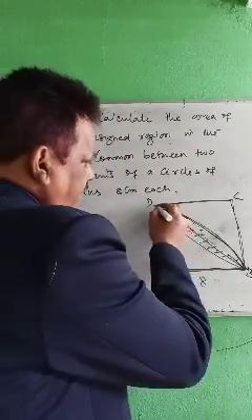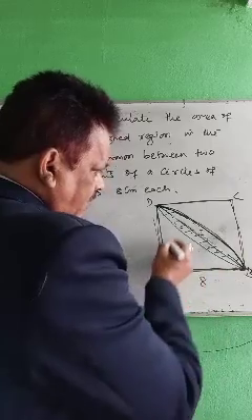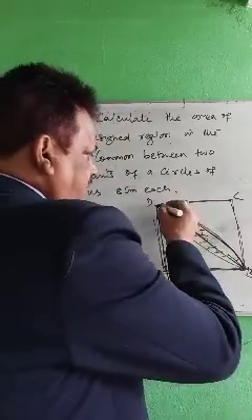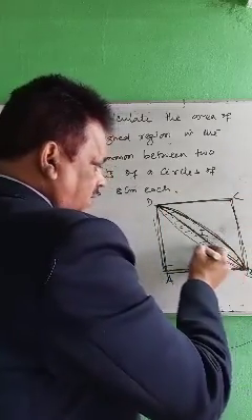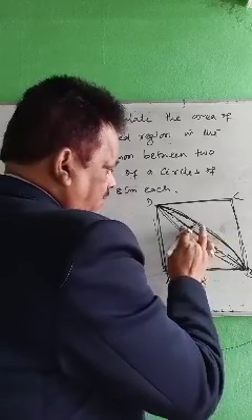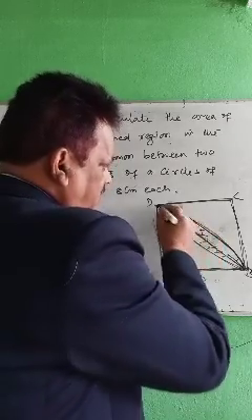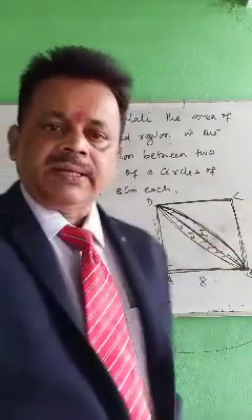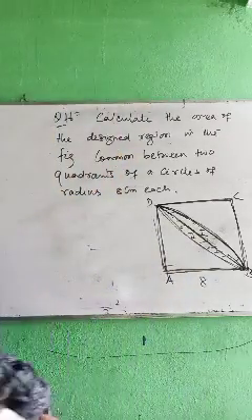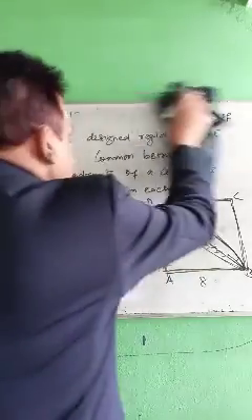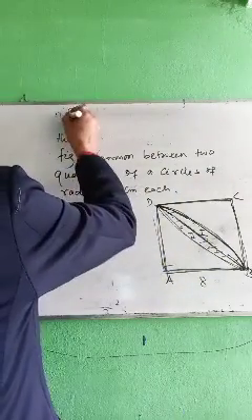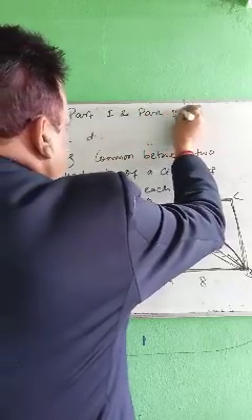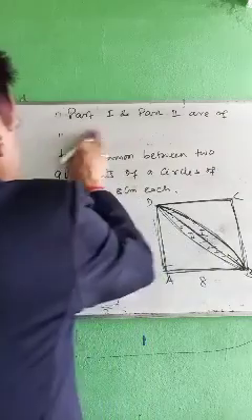Similarly, from this sector, if you remove this triangle, you will get part 2, and 1 and 2 you have to add. So part 1 and part 2 are of equal area.